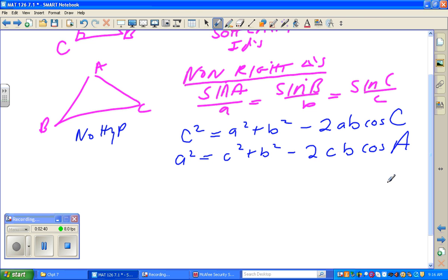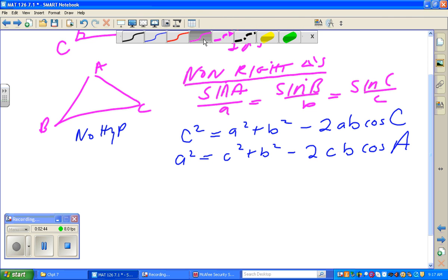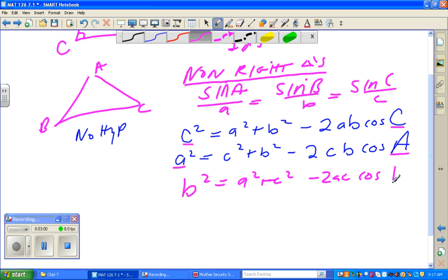So it's not the letters, but it's the pattern of how everything is combined. You have the angle opposite the side, and the other two fill in. It looks a little bit more algebraic, and it is. So what's the last one going to be? b squared equals a squared plus c squared minus 2ac cosine B. Nice. That was absolutely correct.